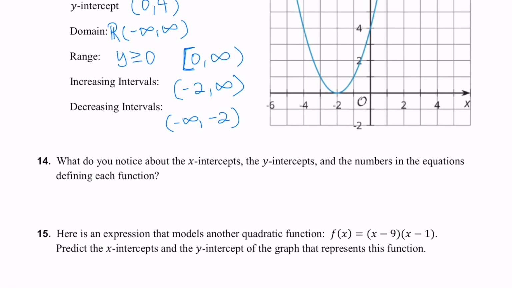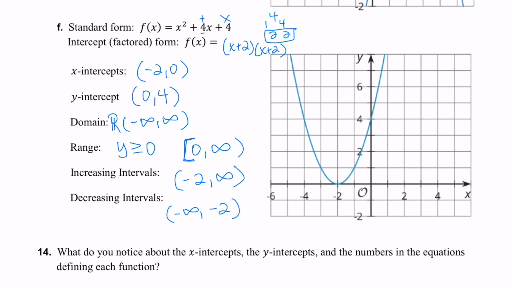Now when we're looking at our standard form, this last number, the constant term, is always going to be our y-intercept.